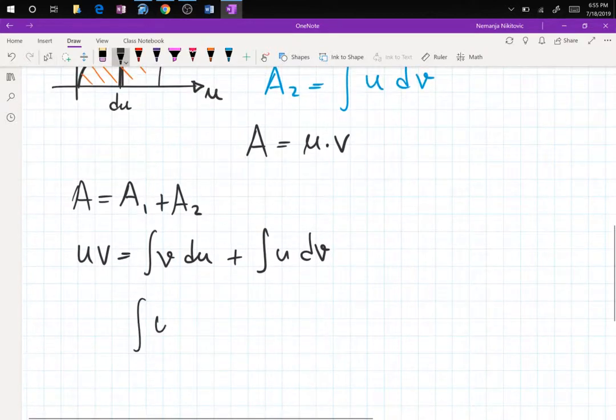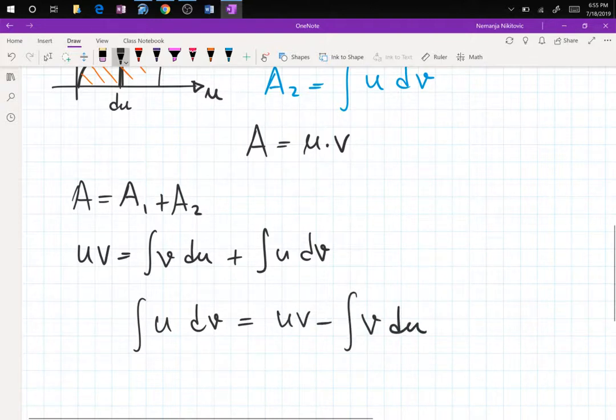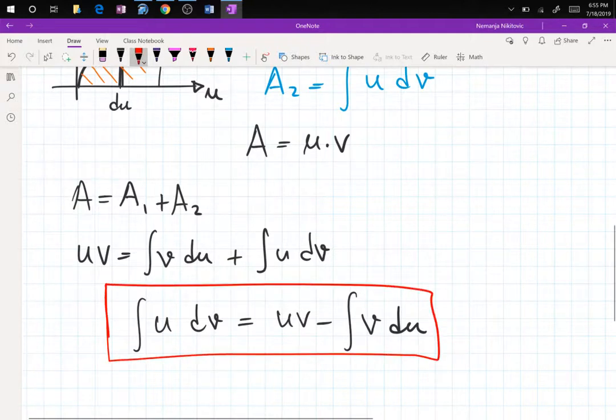So the integral of u dv is equal to uv minus the integral of v du. Again, the same formula, but we derived it differently. This time we actually made a graphical argument of adding two areas together to get the total area, which was u times v.